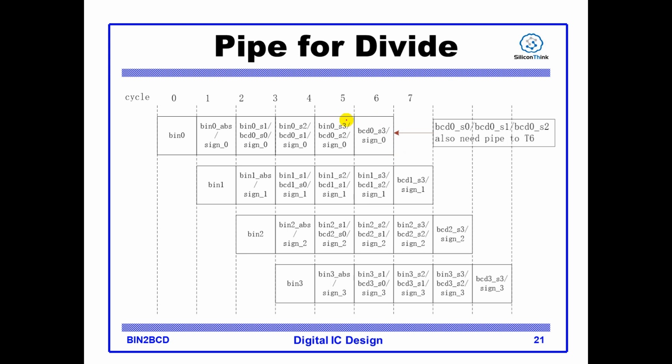And also, from the view of a single cycle, you can see for different bins, they will be in different stages of the calculation.